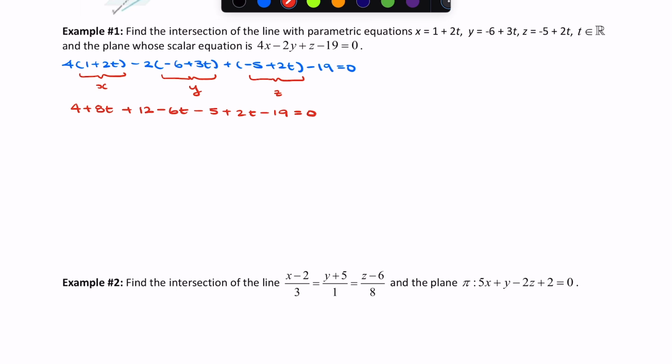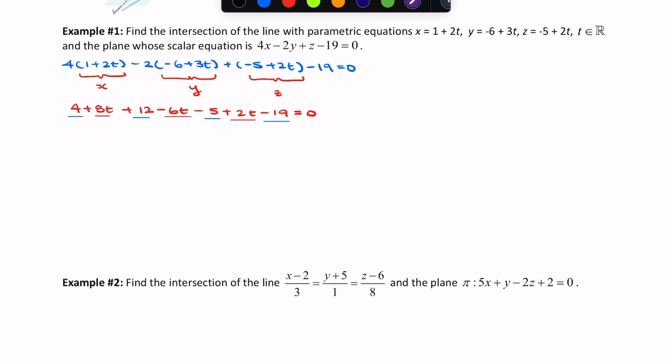Now we solve for t. We can collect our like terms: we have 8t, -6t, and positive 2t, and in terms of our coefficients, we have 4, 12, -5, and -19.